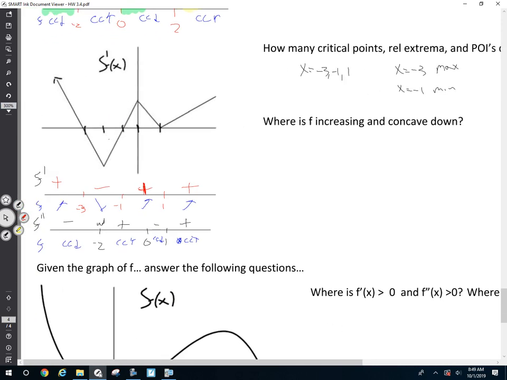Where is f increasing and concave down? Increasing, concave down. Increasing, concave down. That would be it. So from negative infinity to negative 3, and from 0 to 1.